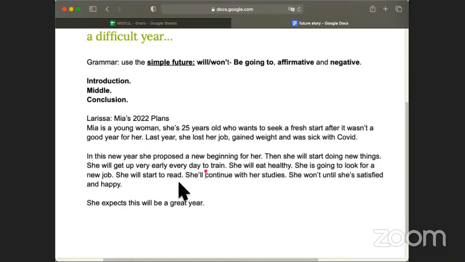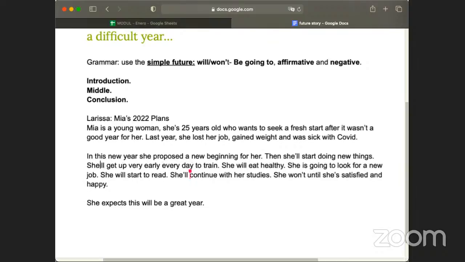Can you find any other places where we can put contractions, Larissa? In all will, she'll. Exactly, that's correct. So she'll, and then two, and here. Also here. She's going, yeah. She's.